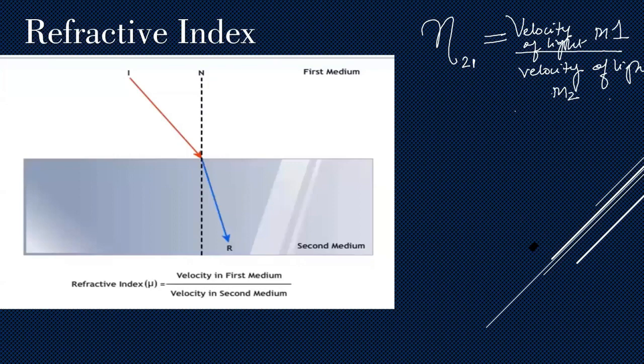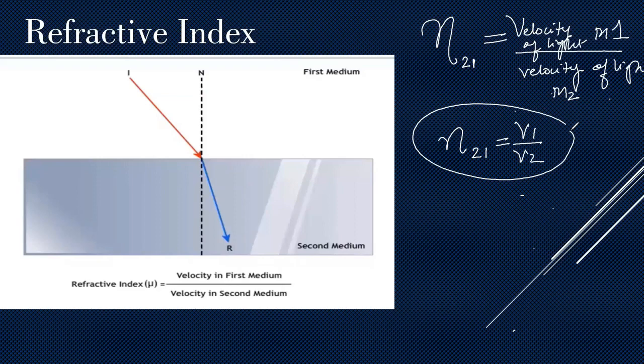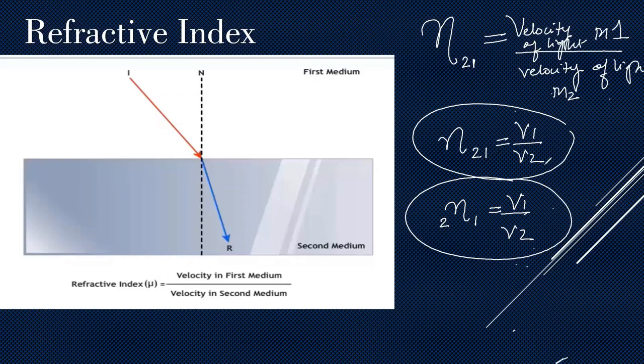So this can be written as refractive index of 2 with respect to 1 is equal to V1 upon V2. Very important. Some textbooks have this formula the vice versa. If it is 2, 1, it will be 1 upon 2.